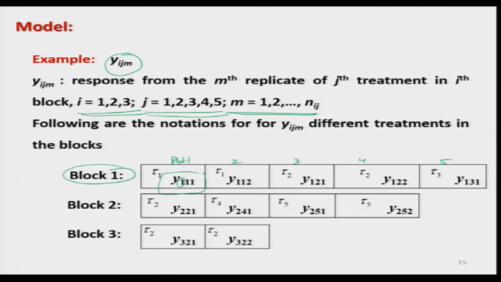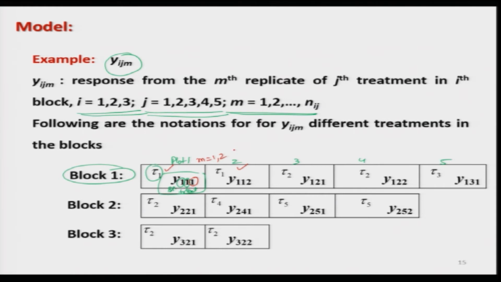This first 1 indicates the block number, and this second 1 indicates the treatment number. Why? Because here you have treatment number 1, right. Now, you have one more 1 here. You can see this treatment number 1 is appearing in plot number 1 and plot number 2.